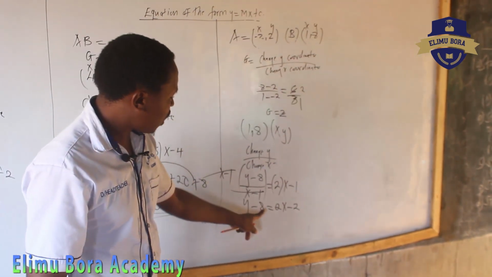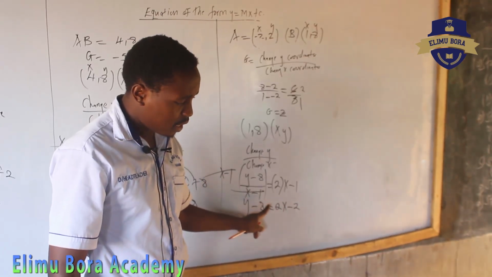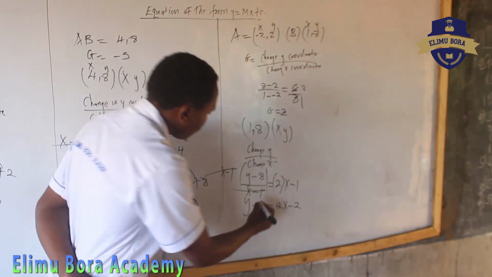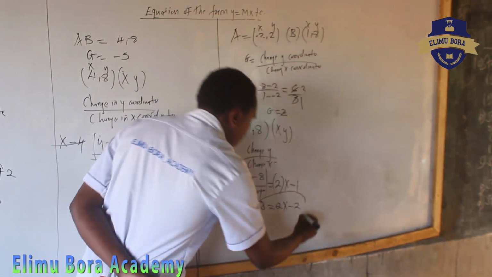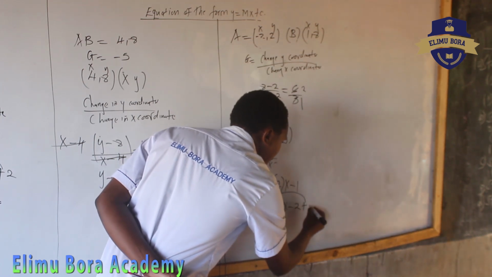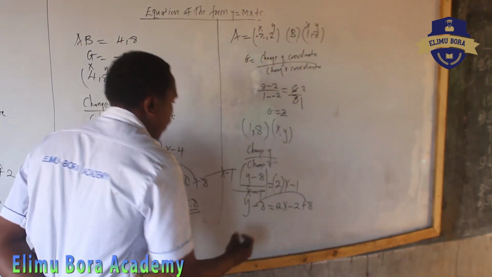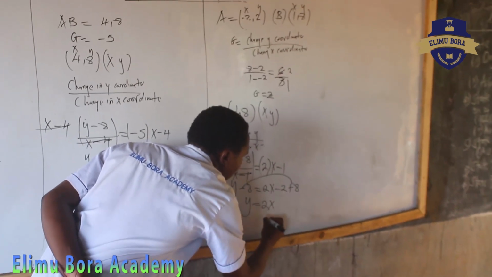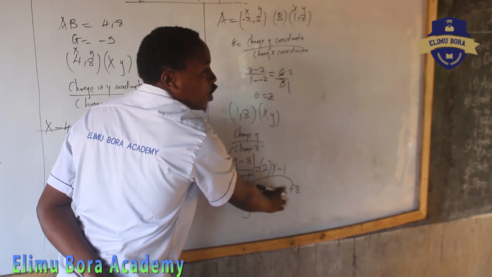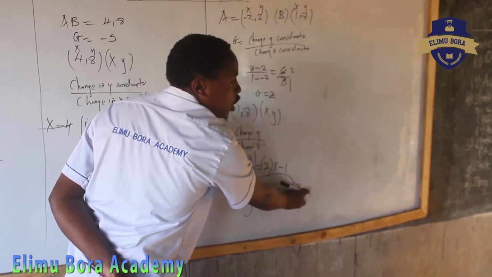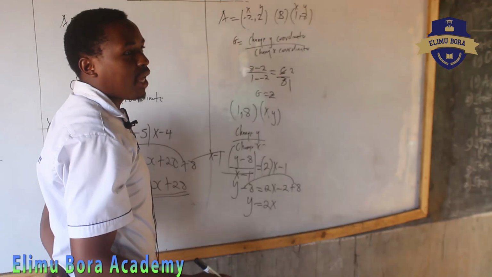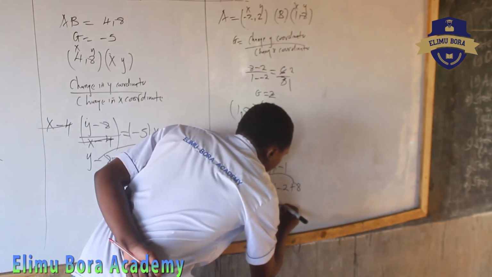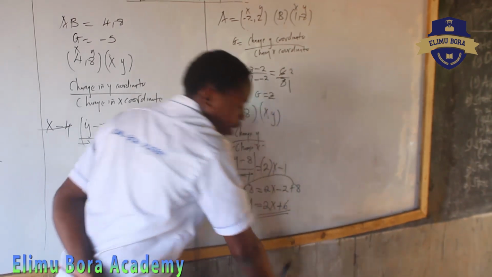You can see the ones that are on the same line. So this one crosses the equal sign, and the sign becomes positive 8. So there we have y is equal to 2x plus 6 as your answer.